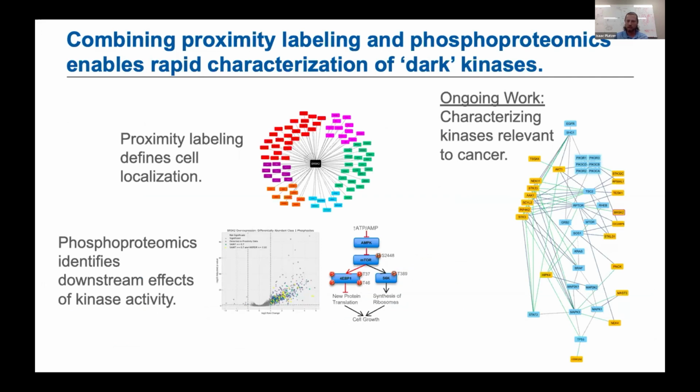And then with the phosphoproteomics, I can place that kinase within known signaling pathways and identify landmark substrates for the kinase. In my ongoing work, I'm using our proximity data to identify kinases that are most likely relevant to cancer signaling pathways and prioritizing phospho-analysis of those kinases.